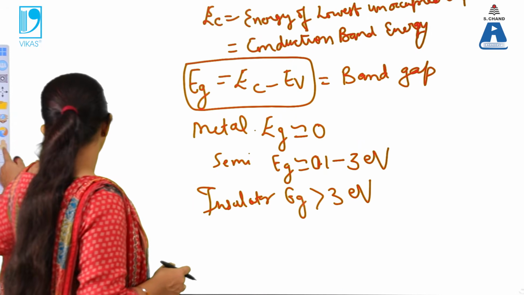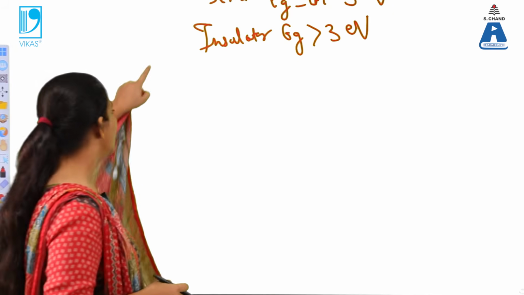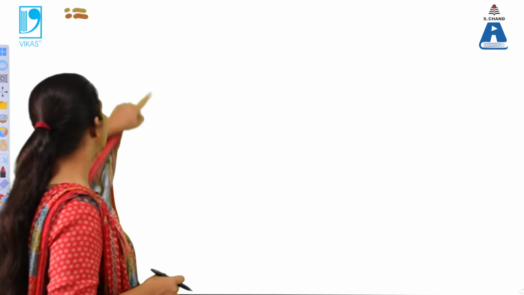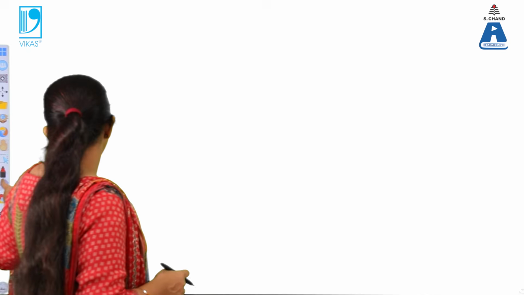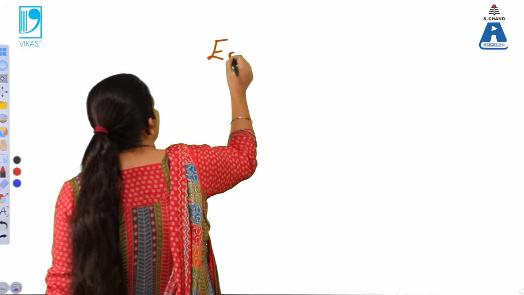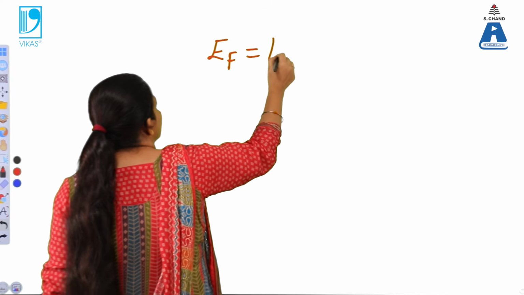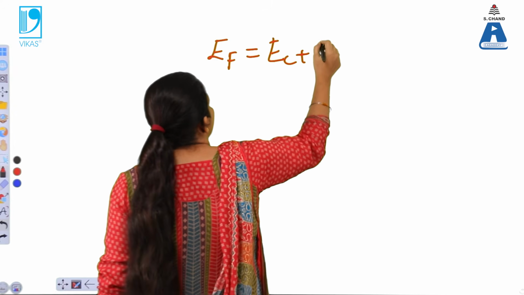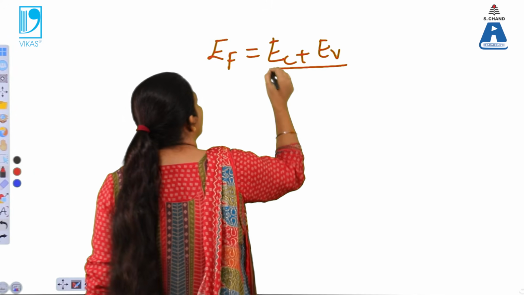Now next is the Fermi energy. Fermi energy for the material is defined as the energy associated with the Fermi level, and this Fermi energy EF is equal to EC plus EV by 2.